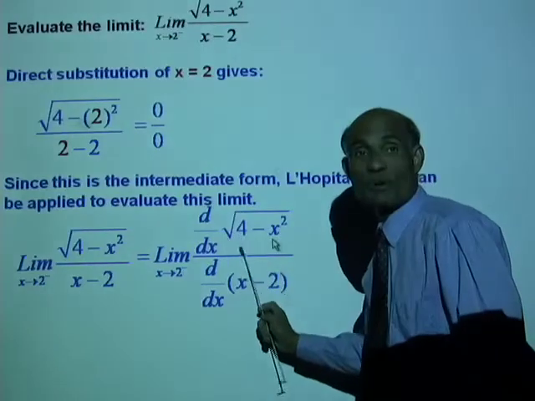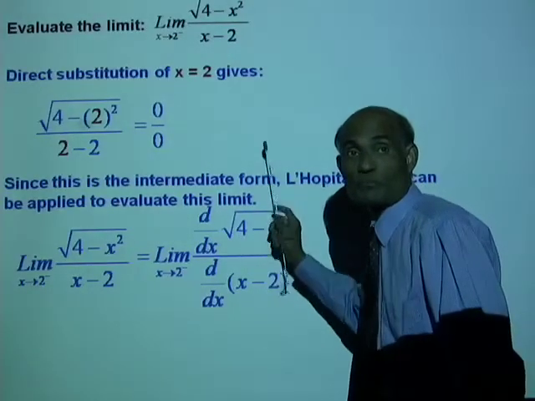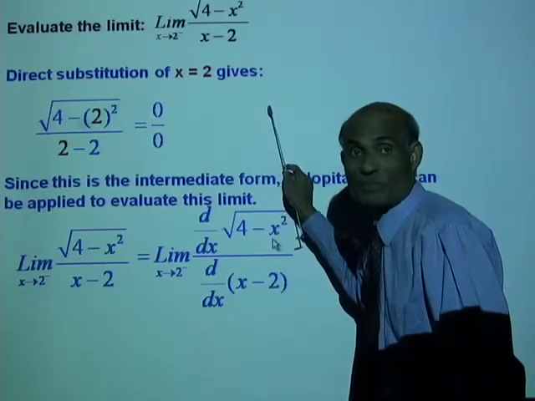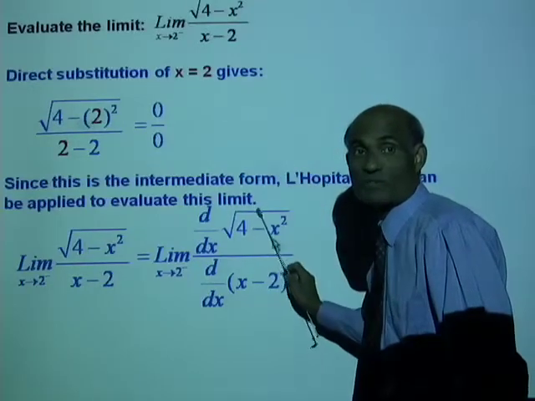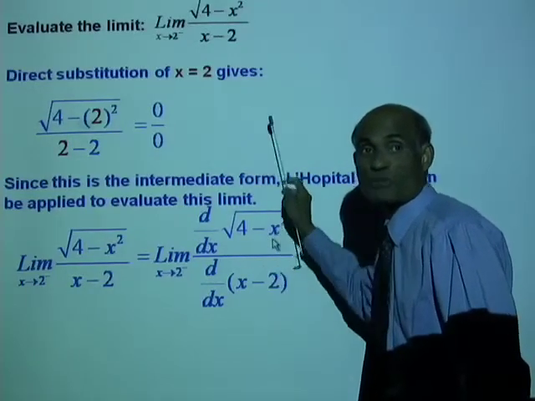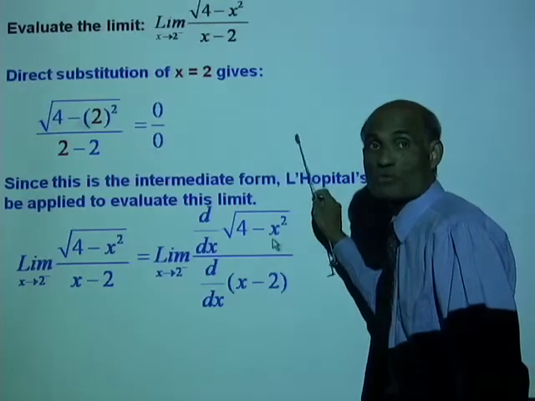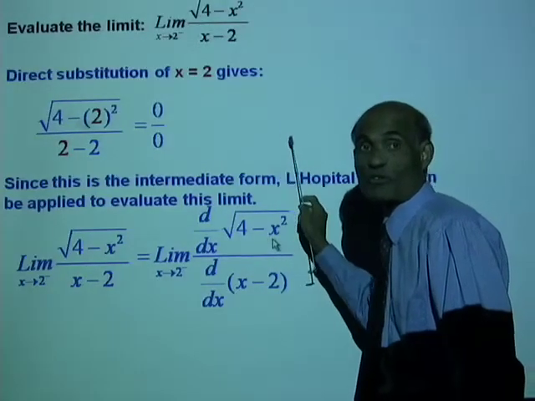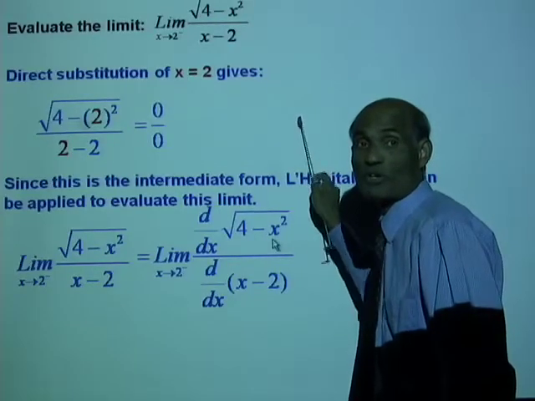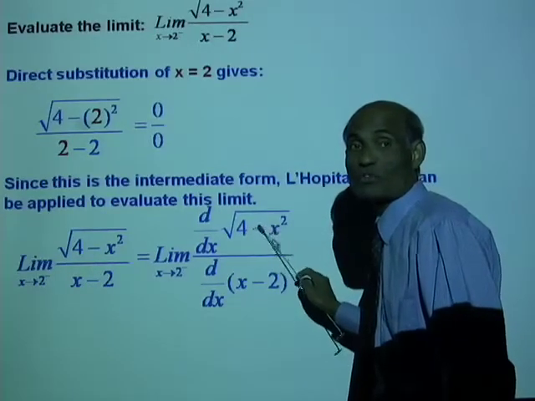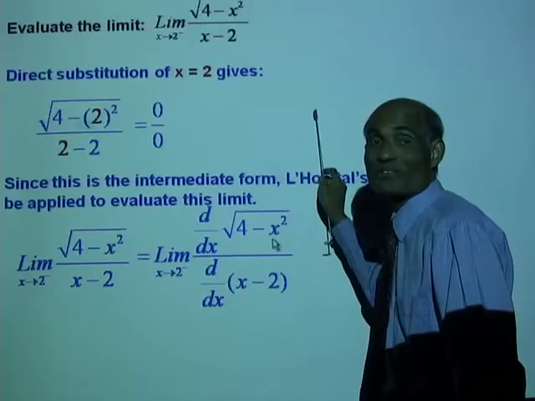So the derivative of this will be 1 over 2 square root of 4 minus x squared, times the derivative of this quantity, which is negative 2x.